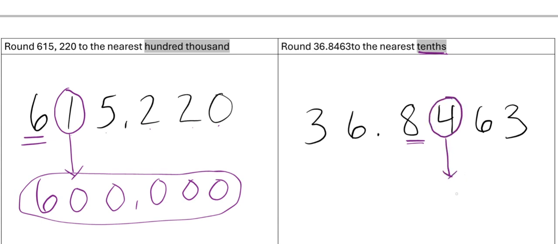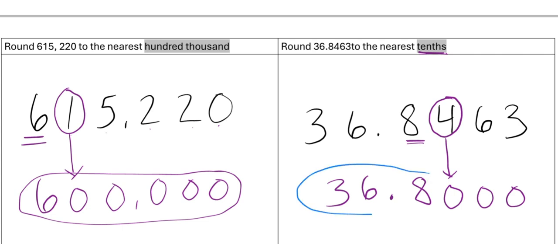That's where my zeros start. Everything to the right becomes a 0. And it's a 4, the one that I circled. So that means that we stay. So that 8 stays the same. Nothing changes. And everything to your left stays the same. Now for this one, our answer would be right here. 36 and 8/10. We don't write our zeros that are after the decimal. So that's how we do our rounding.